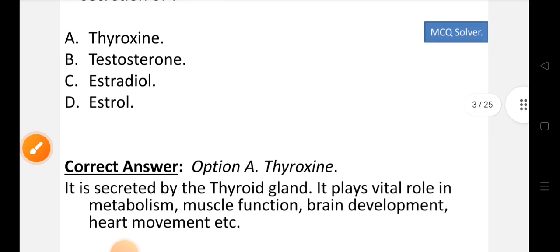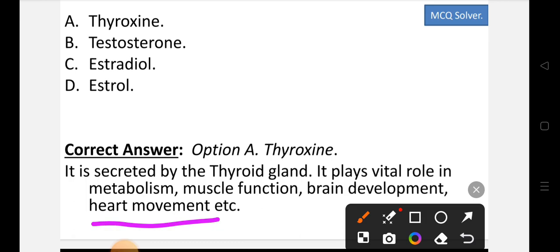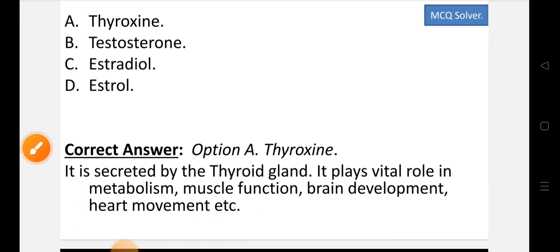Its vital role is to boost metabolism, muscle function, and brain development, and it also helps in the movement of the heart. So the correct option is option A, thyroxine.